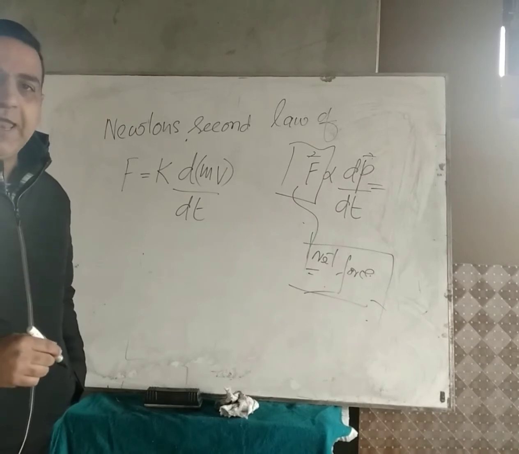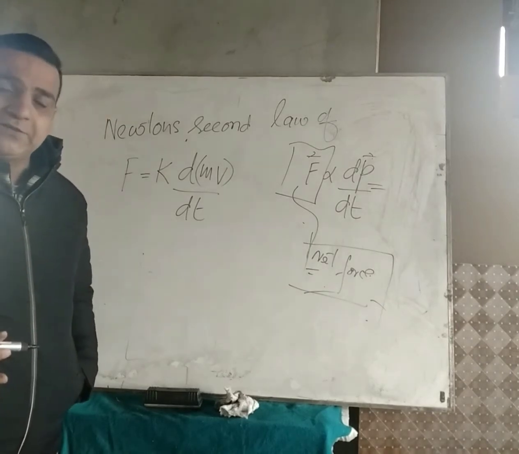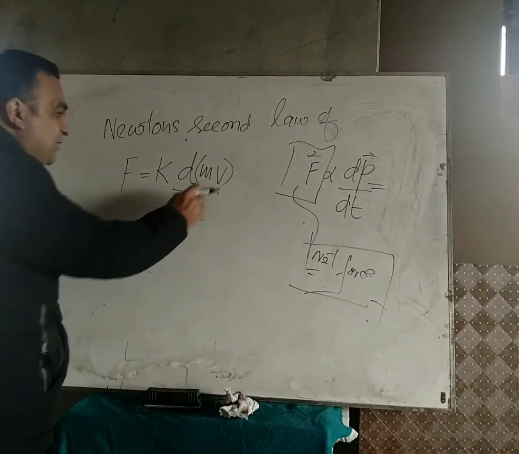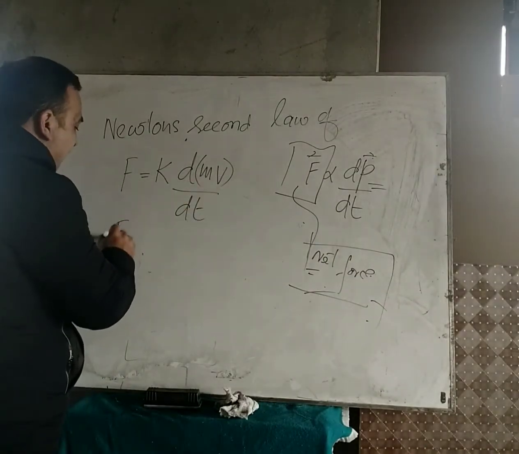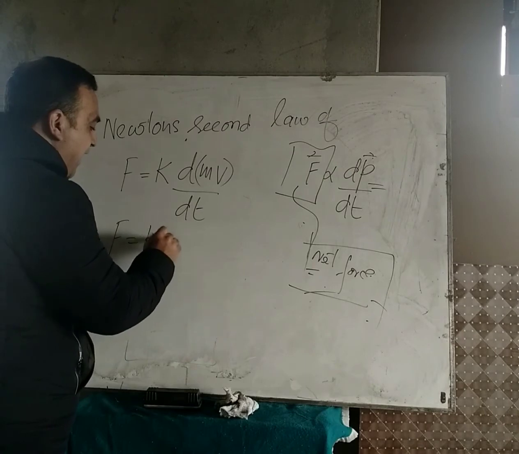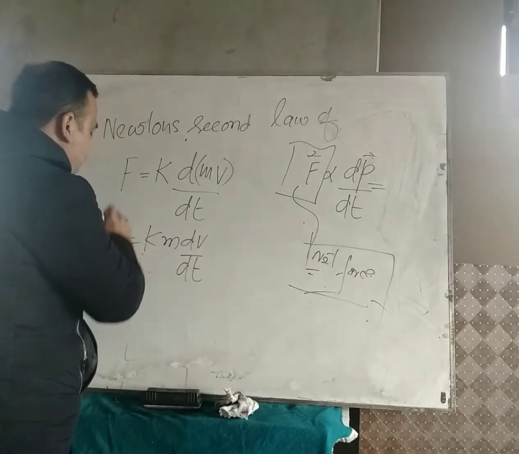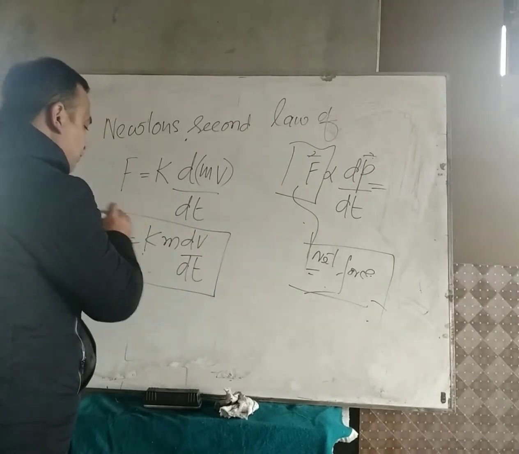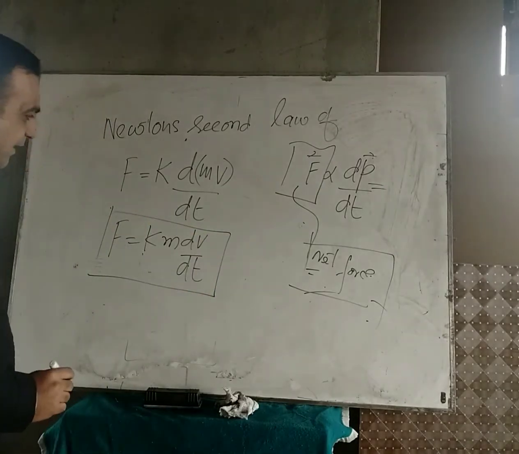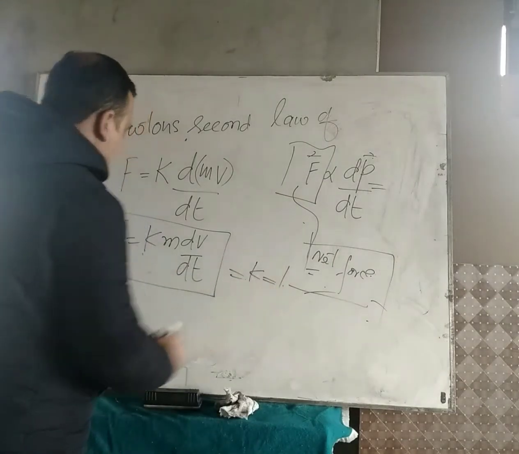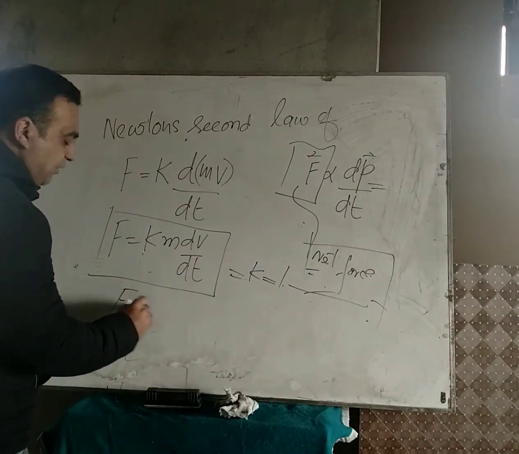And mass is absolute in classical physics, in Newtonian physics. So if I take this mass out, F will be Km times the time derivative of velocity. Choosing this K equal to 1, I will get F is equal to m.